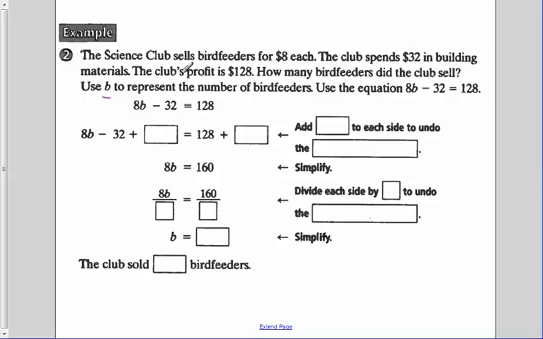However, in the end, I made $128. So I know I made more than one bird feeder, so I need to figure out how many bird feeders I made in order to make that $128 profit. So getting back to solving it, since I see subtraction, minus 32, I'm going to add 32 to undo the subtraction.